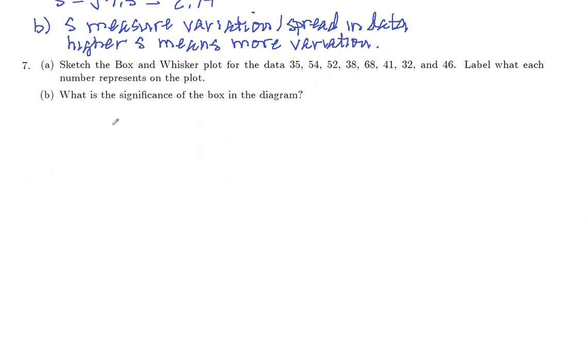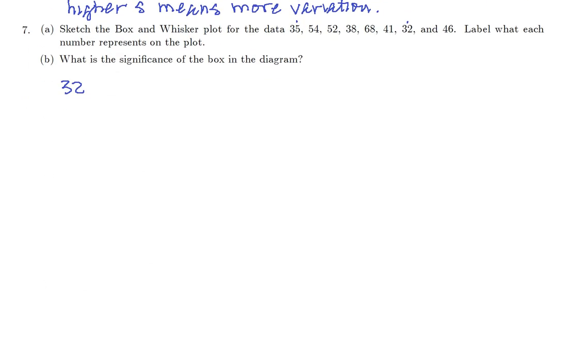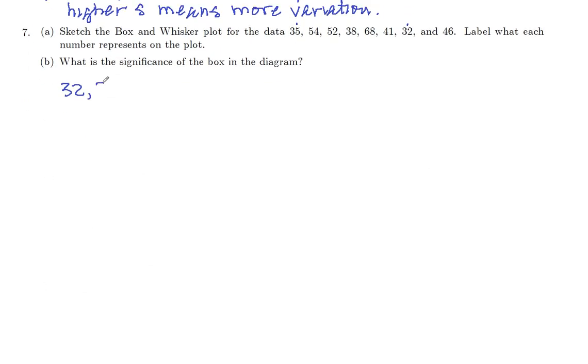So remember, with the box and whisker plot, we have to figure the quartiles and the median and then get that IQR, that interquartile range. So we first have to take this data and order it from smallest to largest. So let's see, I see a 32 here and then a 35. And then in the 40s, oh wait, we got a 38.